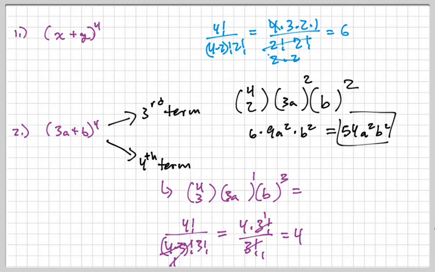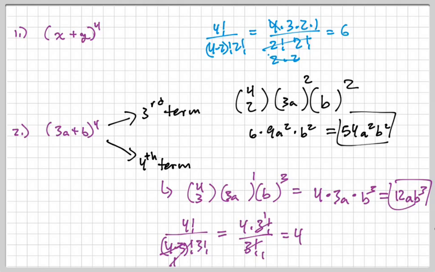So I have 4 times 3a raised to the 1 power, times b raised to the third, which is just b to the third. So what's my final answer? That is the fourth term for this binomial expansion.